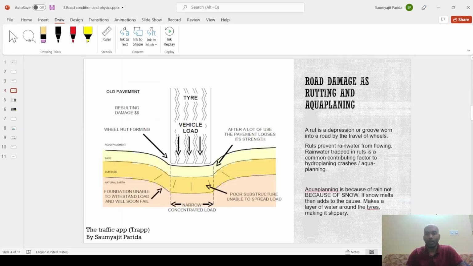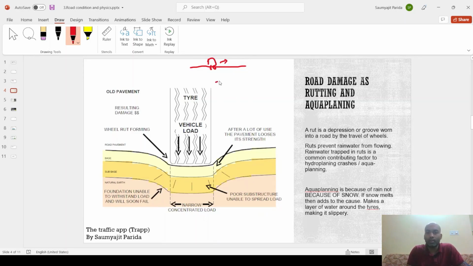Okay, so starting with road damage, let me explain it by drawing something here. Let's imagine it's a straight road. When it is a straight road, it's a happy flow, so I do not feel any discomfort while traveling on this road because it is straight without any undulations.